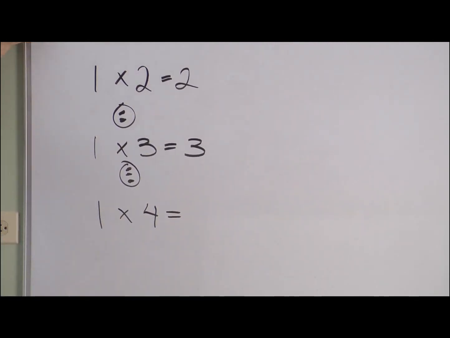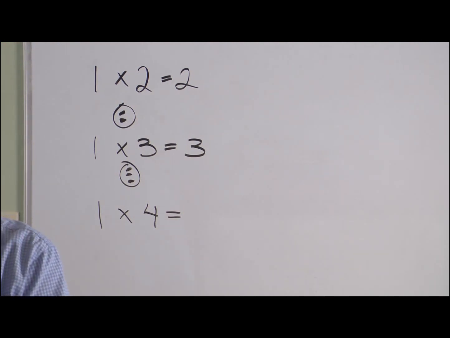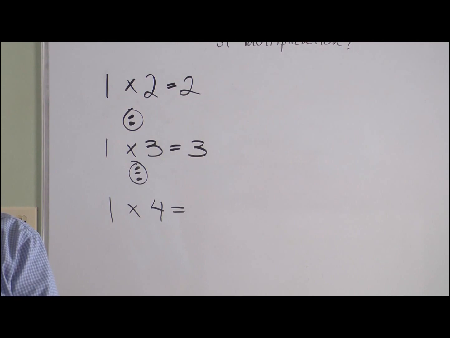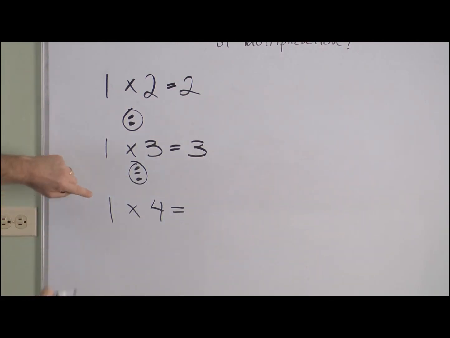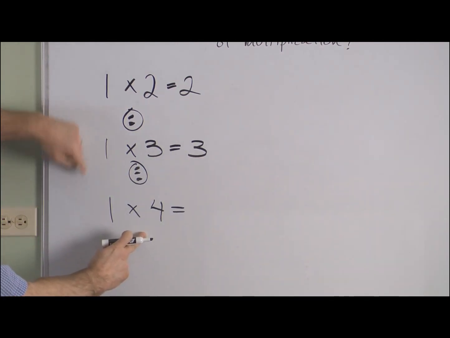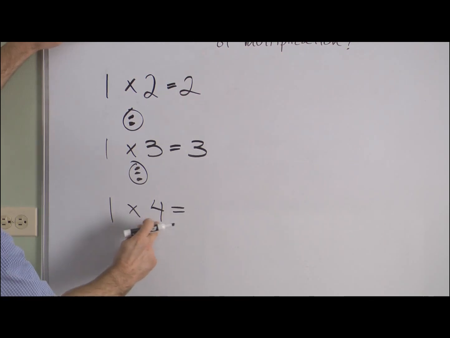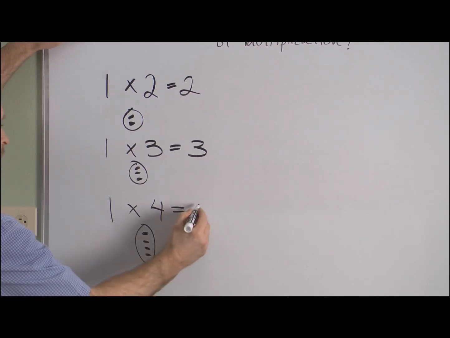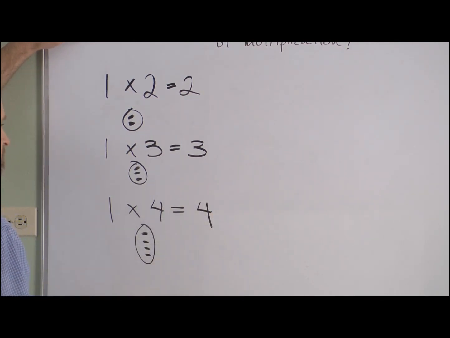Ladies and gentlemen, I want you to try that one on your own. Of course, pause the video. Wonderful. Hopefully, you got an answer of 4. Let's take a look at this. Here we have one group of 4. Here's our one group. Our answer is 4.